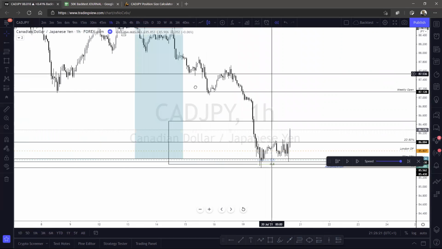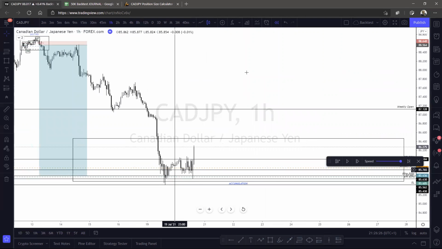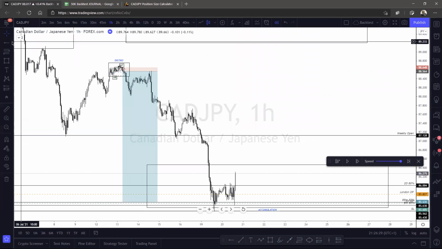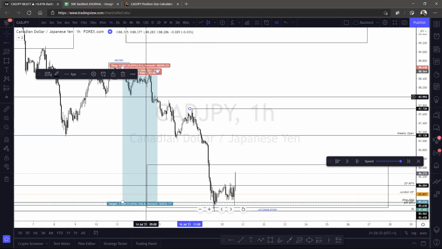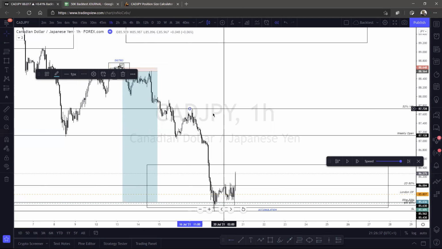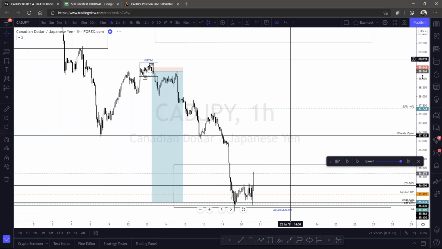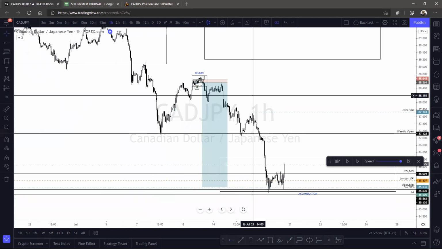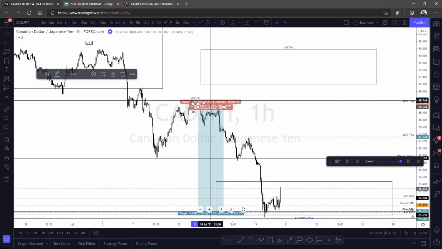Okay, cool. So now in terms of partial taking areas, ideally I would like to take something here. We'll do 25% off here, and then we'll do 25% off here.